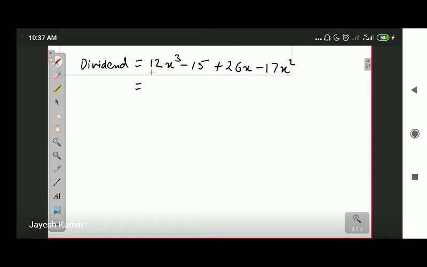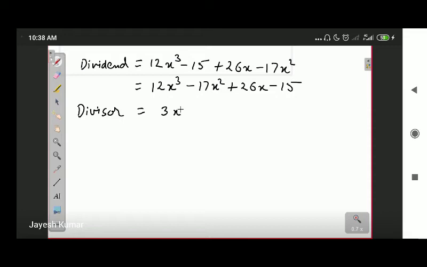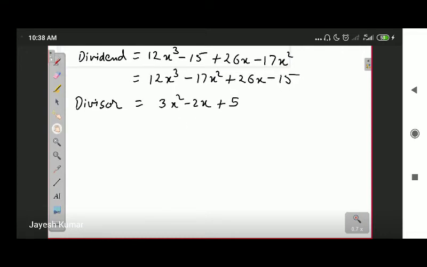So we rearrange the polynomial and rewrite it as 12x cube minus 17x square plus 26x minus 15. After that, the divisor is 3x square minus 2x plus 5. This is already arranged, so we just need to do long division from this point.